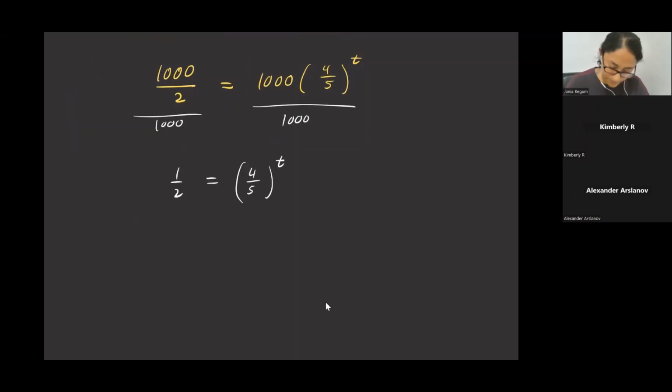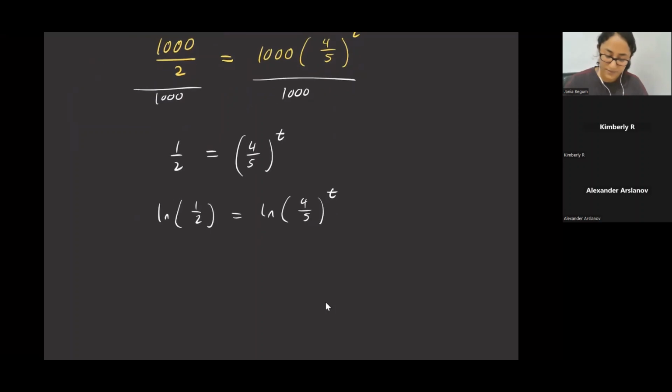So you'll have ln of 1/2 is equal to ln of 4/5 to the power t. Now, again using the laws of logarithms, you can bring down the power t in front of ln. So this would be t times ln of 4/5 equals ln of 1/2.